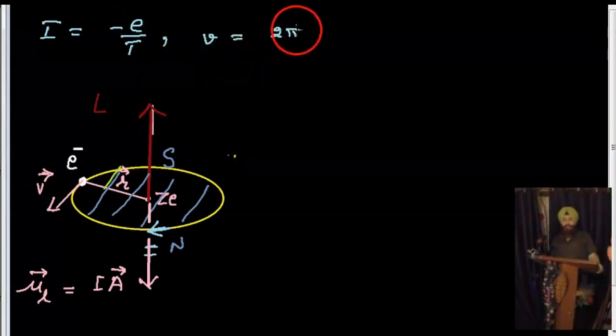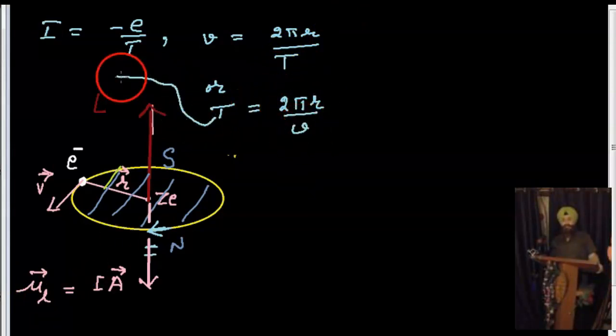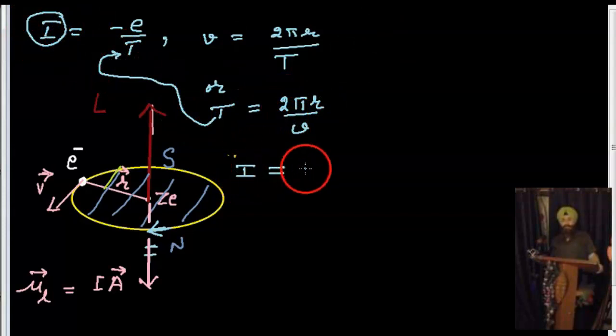Now, current is charge over time. Charge is negative because the electron is circulating. Velocity is distance over time, the distance of the complete circle, and the time of a complete circle. We find the time period from here, substituting there, the current becomes this.